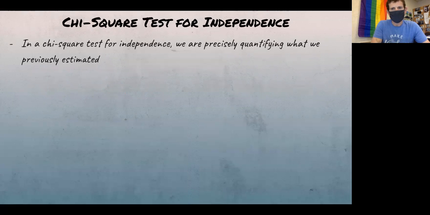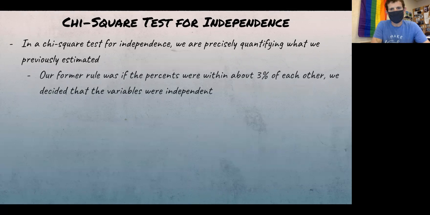When we were looking at this before, we were just using a general rule. If you remember this, basically, if the percents were within about 3% of each other, we decided that they were independent. Like in that last example, we had 0.4 and 0.4.